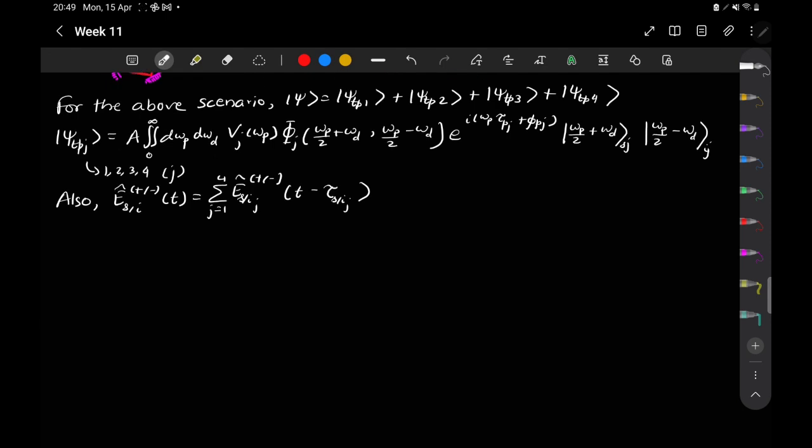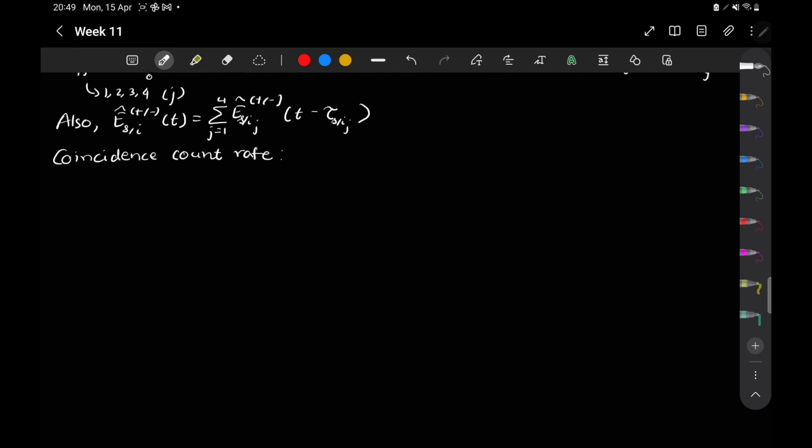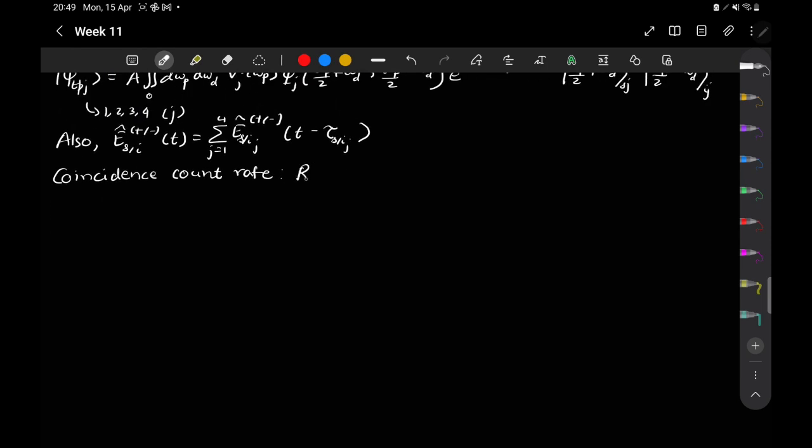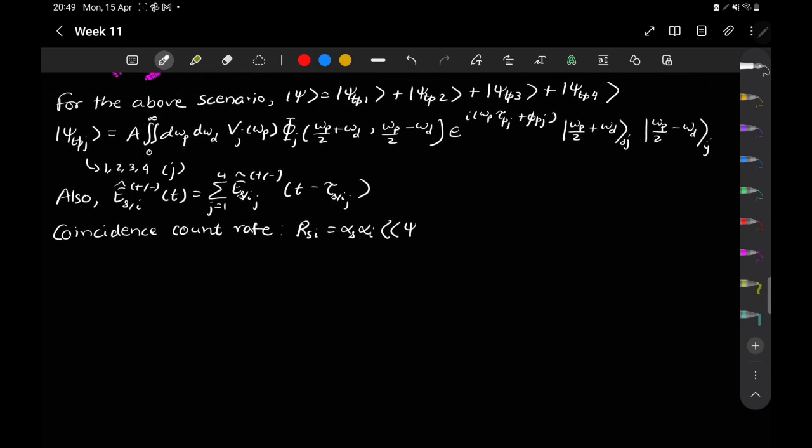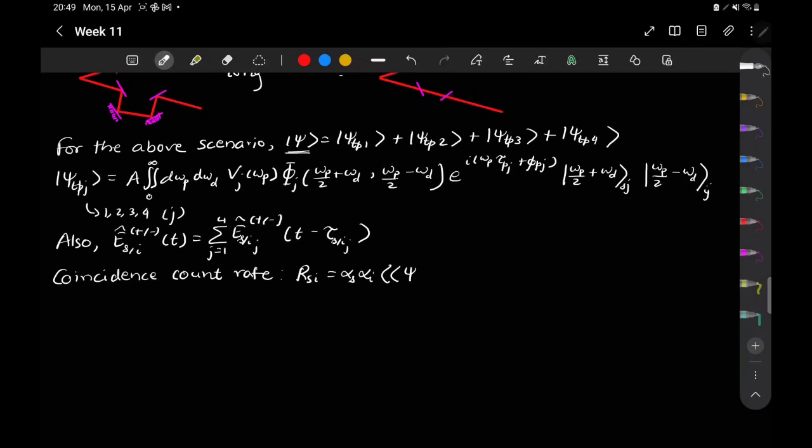Now coincidence count rate we can write down. This psi is this total psi over here. And electric field operators as described over here.